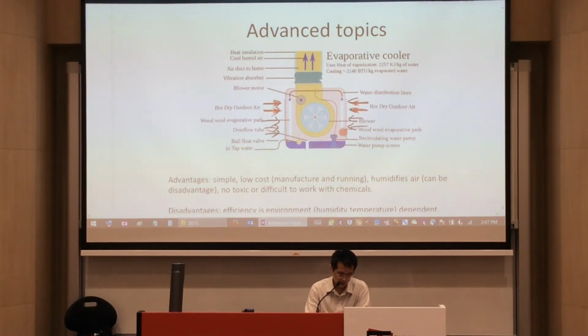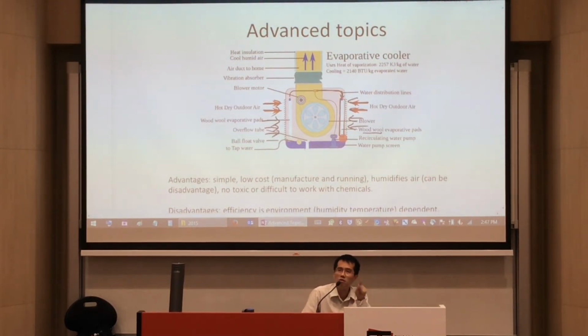And coming in between this hot, dry outdoor air is this thing over here. This one is made of wood wool, and we call it the evaporative pad. But why is it an evaporative pad? That's because we pump a little bit of water up and get it distributed with a kind of trickling drip into this wool.